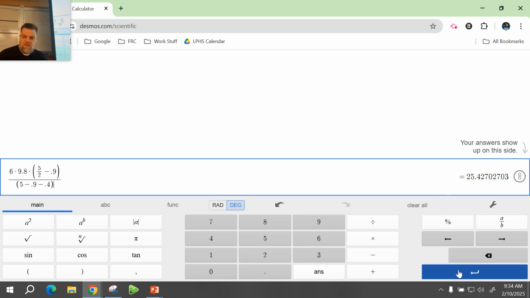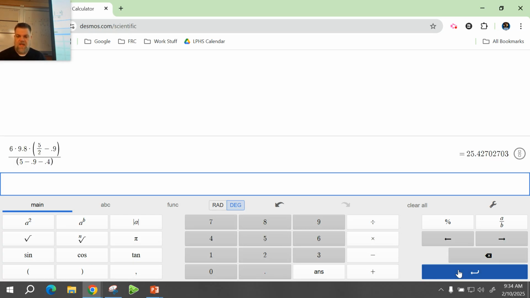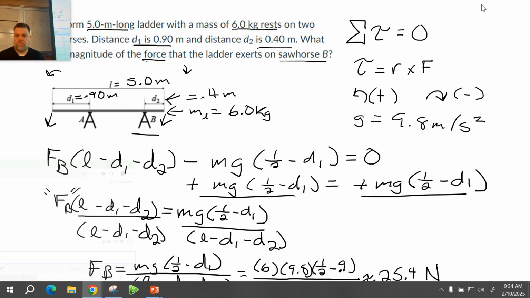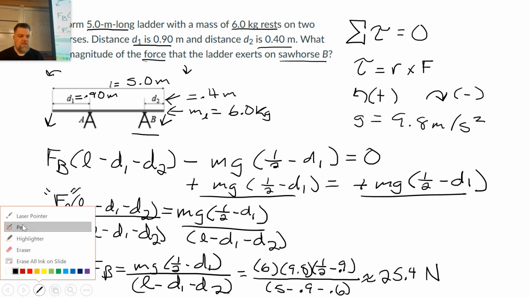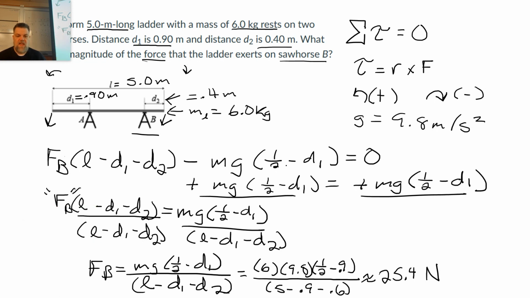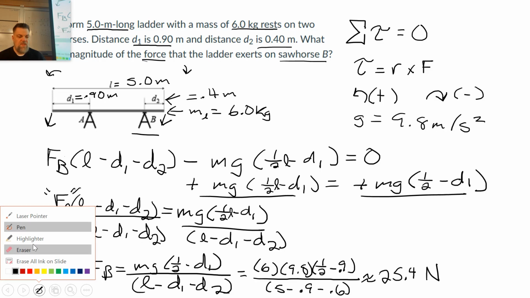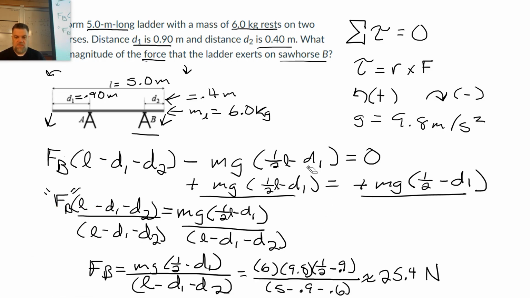So let me make the corrections. This is 1/2. I forgot to write down the L. That's all. I'm sorry, guys. So right here, this is 1/2 times L. This is 1/2 times L. And right down here, what's 1/2 times L? Well, let me clean this up a little bit.